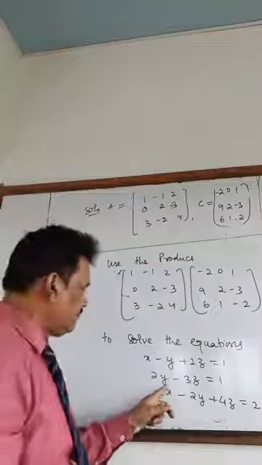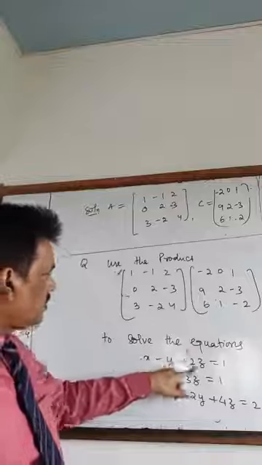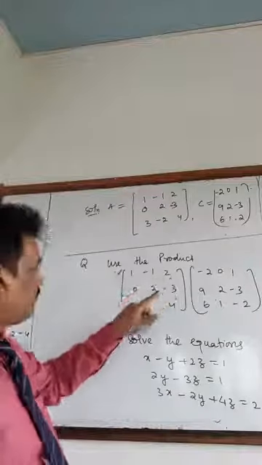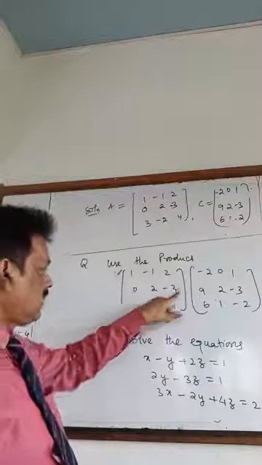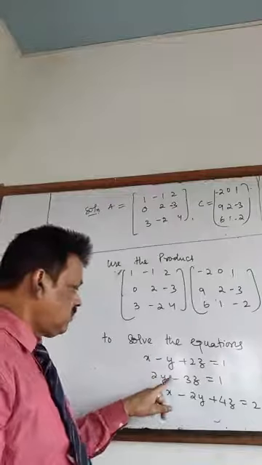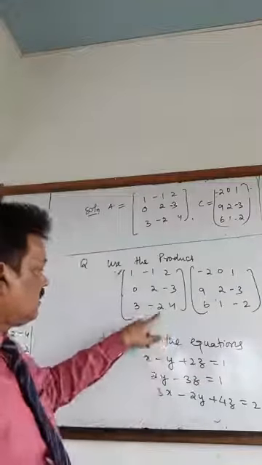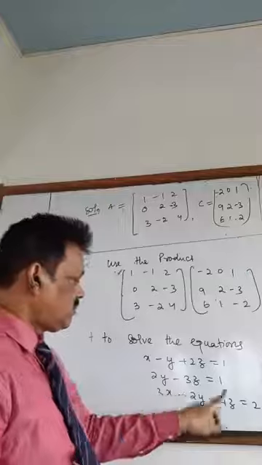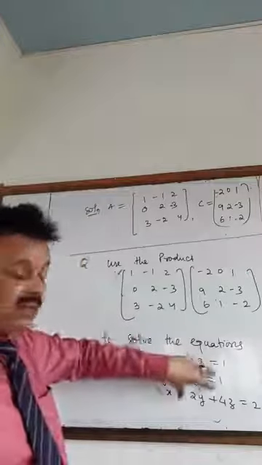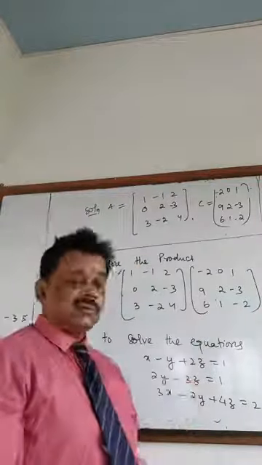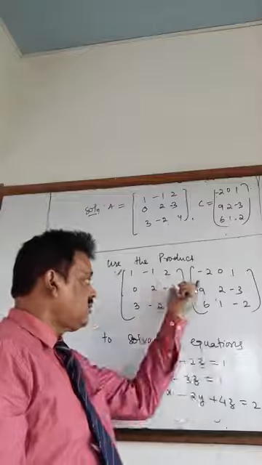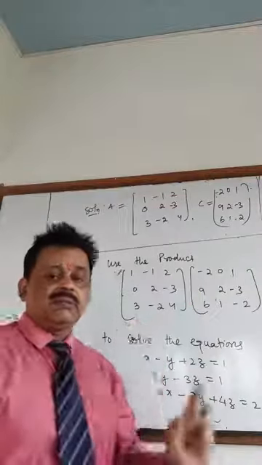Look here: 1 minus 1 2, 0 2 minus 3, 3 minus 2 4. That means our A is contained here. So we are going to use this product to solve these equations.